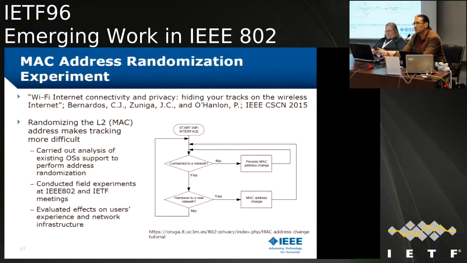You want to keep your address during the lifetime of the connection, not to disrupt the other protocols. But whenever you disconnected from the network, you would randomize again. Same thing when you were scanning for networks, so not necessarily in the connected state. We were able to randomize the address every 2 minutes, I think.